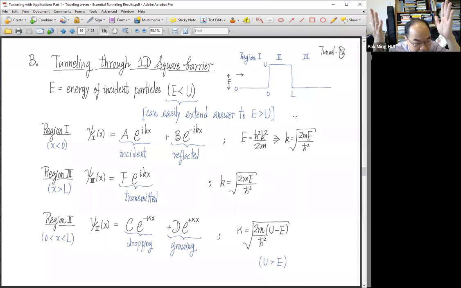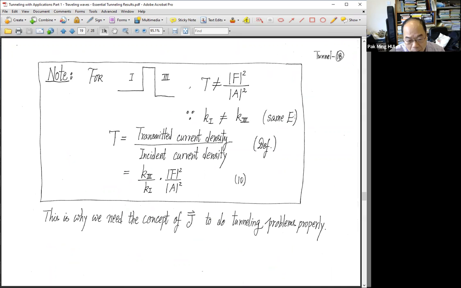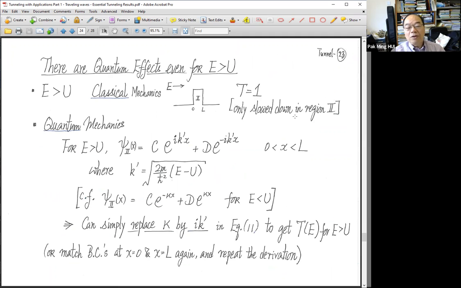Then you match boundary conditions, certainly the same mathematical difficulty, you can derive the formula. So you can do that again, or there's a lazy way. If you see through the mathematics, you compare this new form with our old form, then you see, if I pretend my κ is the new ik', where k' is this, okay? Then all the formulas should follow because they are the same mathematical form, okay? So either way, you get the same answer, of course.